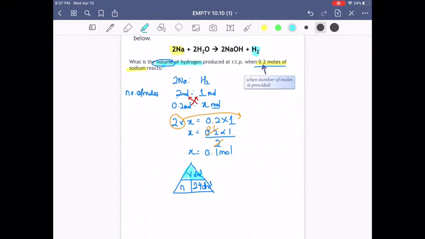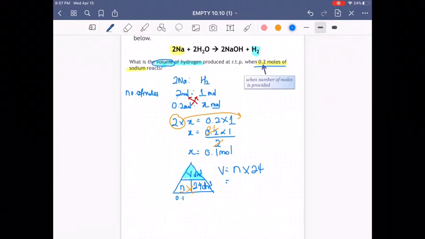So you know your number of moles is 0.1 mole. So what's the volume? By formula, this triangle, number of moles times this 24. So volume is equal to number of moles times 24 dm cube. You can use centimeter cube as well, but it has to be 24,000 centimeter cube.